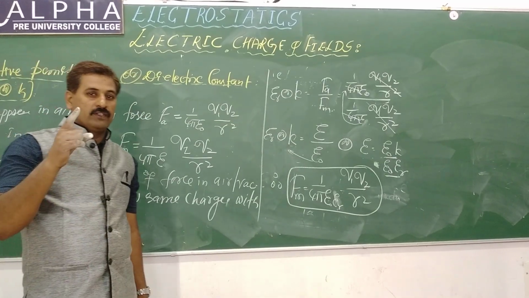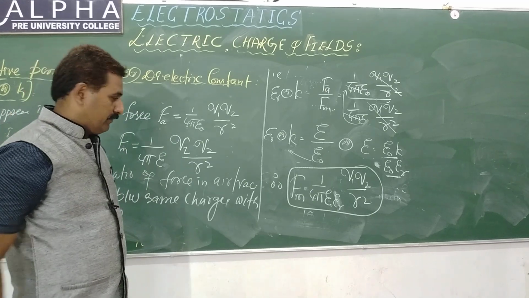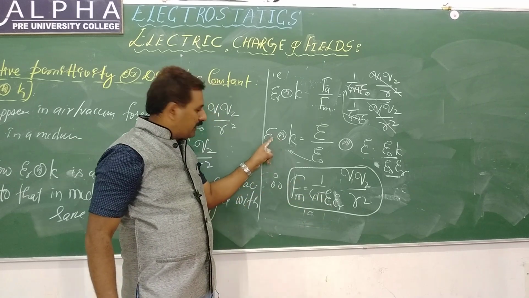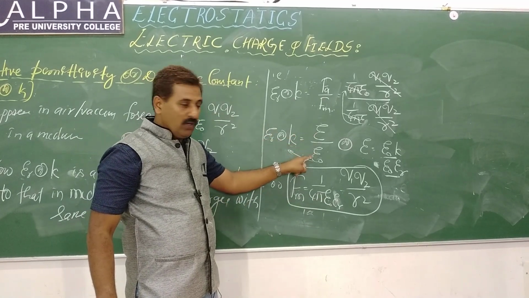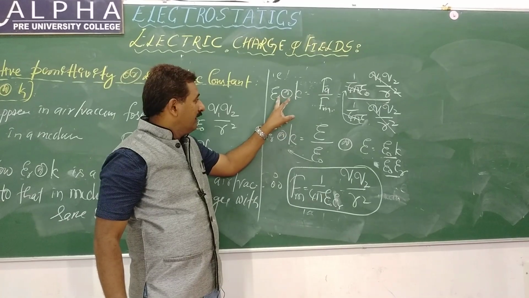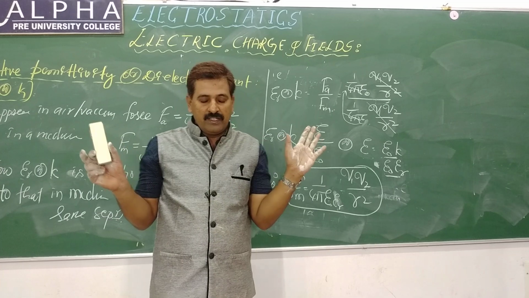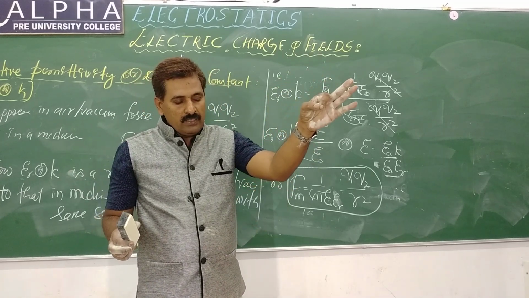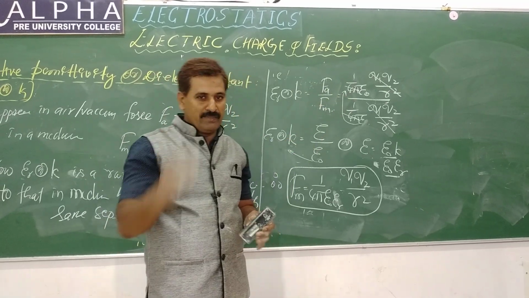Why? Because electrical force depends on medium. That medium dependency has been explained in terms of epsilon r or k, that is epsilon by epsilon naught. What is epsilon r? Means dielectric constant. Very simple, dear students. It is the ratio of force in air to that in medium between same two charges separated by same distance.